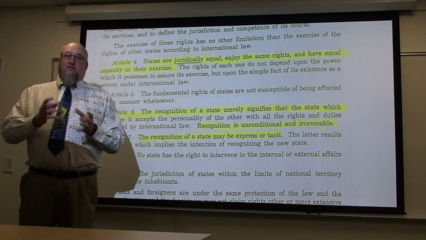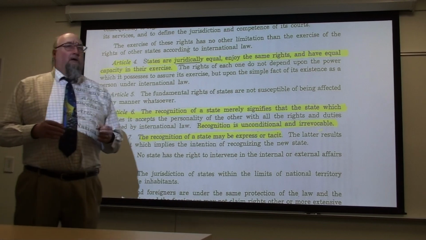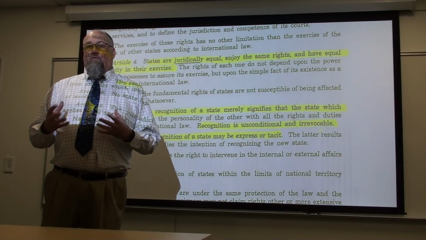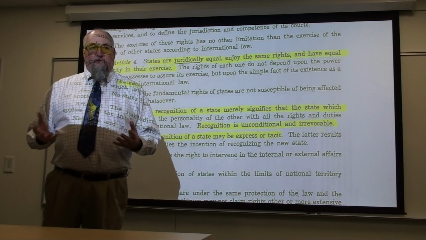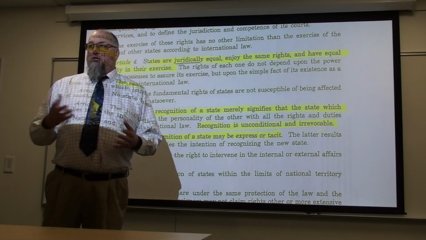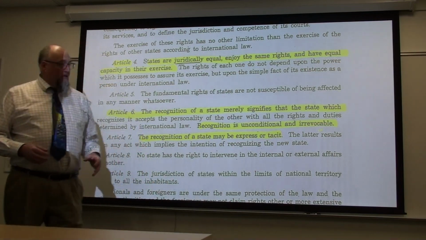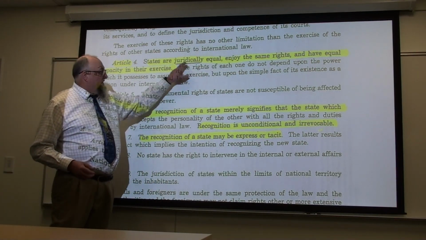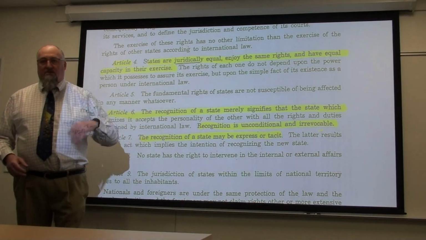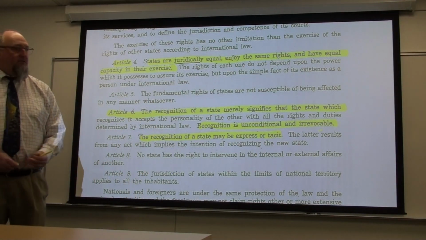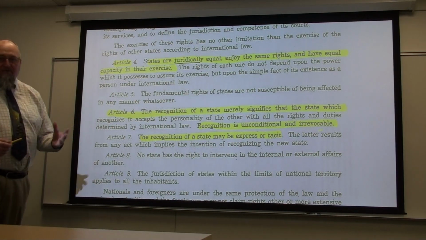Now, the reason I'm making such a big deal about that is the idea of a juridical entity is the fundamental structure of how IGOs and NGOs are formed. And we'll get more into that a little bit later. But I just want you to know what that term juridical means, because I'll be using it off and on as we talk about states and organizations. So that's where that comes from.